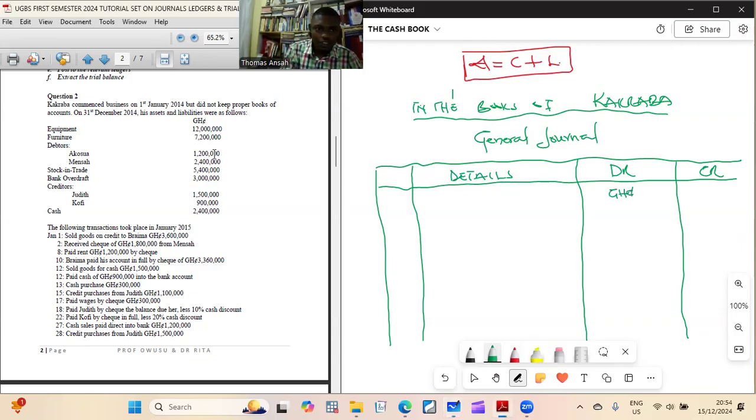Given that there are plenty zeros here, let's put 000 at the top, so we'll be recording this without adding the zeros. This place is for date, but because we are using it to prepare the opening balance, we don't need to put a date on each one of them. So it's 2015 and we have January 1. All right, so now let's list them. Equipment, debit or credit?